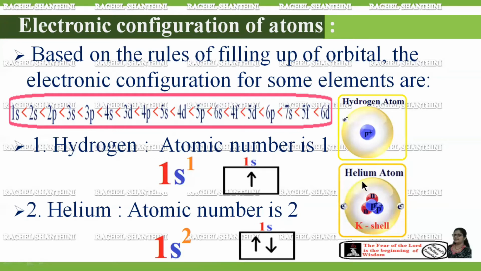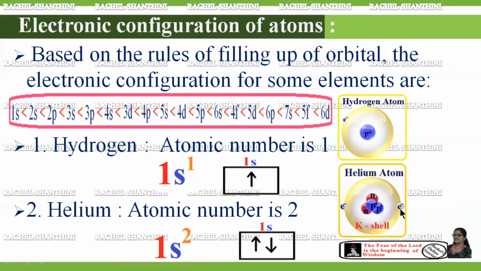To represent the electronic configuration of helium by orbital diagram, we have to draw a box which represents the suborbital. These 2 electrons are present in s orbital, right? And it is present in the K shell. So we have to write 1s. How many electrons are there? Here we have 2 electrons.